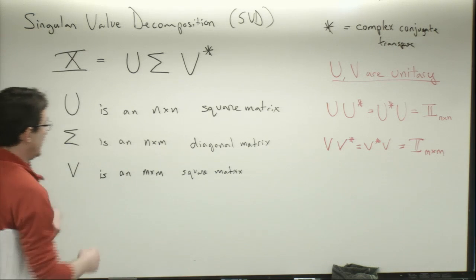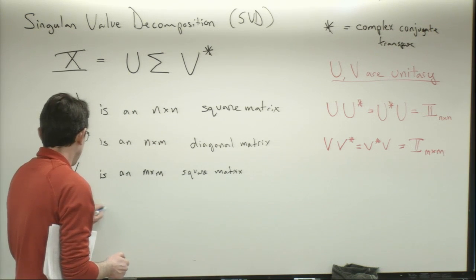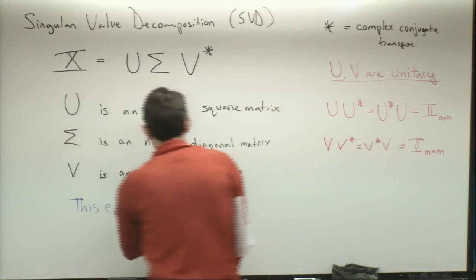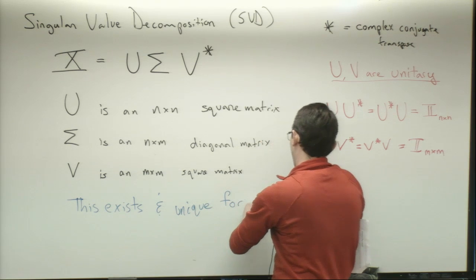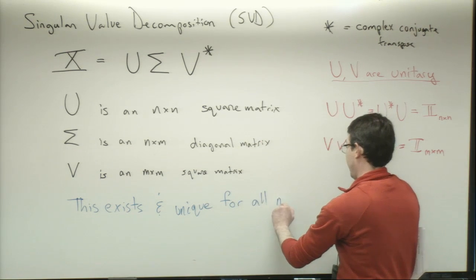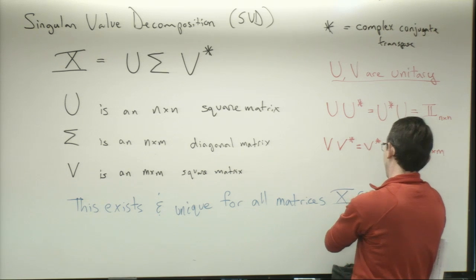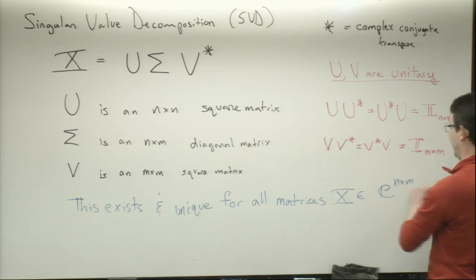So the singular value decomposition, the last thing I should tell you is that this exists and it's unique for all matrices X. And these could be complex matrices, so all complex n by m matrices.